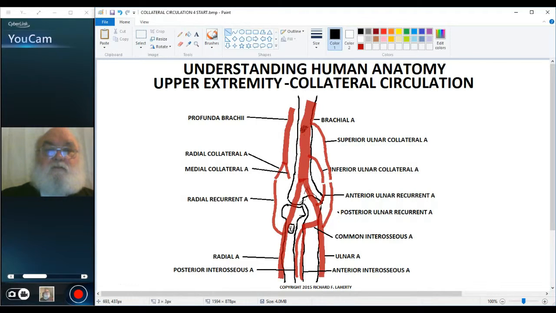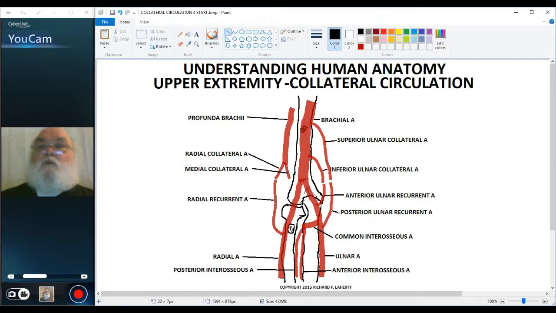And we'll get the line to it. So posterior ulnar recurrent anastomoses with the superior ulnar collateral. Now again, in this diagram they look side by side. In reality, the anterior ulnar recurrent with the inferior ulnar collateral is on the anterior side of the medial epicondyle. The posterior ulnar recurrent with the superior ulnar collateral is on the posterior side of the medial epicondyle.